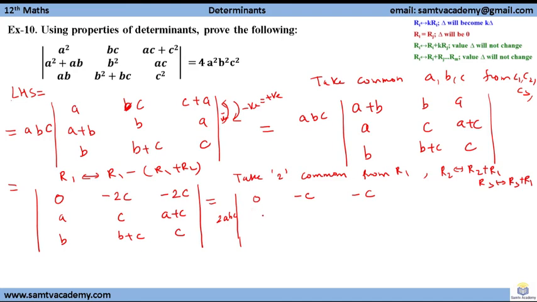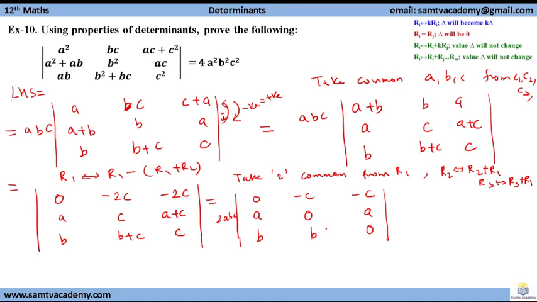First it is the same A, and second, adding this with C, it will become 0, and here C, A plus C plus minus C, the minus cancels out, you are left with A. Similarly R3 plus R1: B will be as it is, and here C is left, so B plus C plus minus C cancels out, we are left with B, and here we will get 0. So in all these places you have got 0.